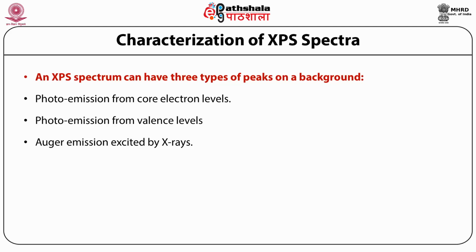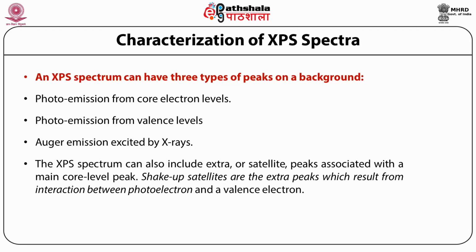The valence level peaks are those at low binding energy and are primarily useful in studies of the electronic structure of materials. The Auger peaks arising from X-ray excited Auger processes are useful for chemical analysis. The XPS spectrum also includes extra or satellite peaks associated with main core level peaks as shown in the figure.